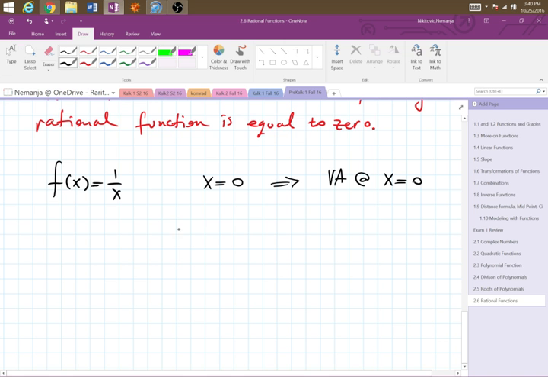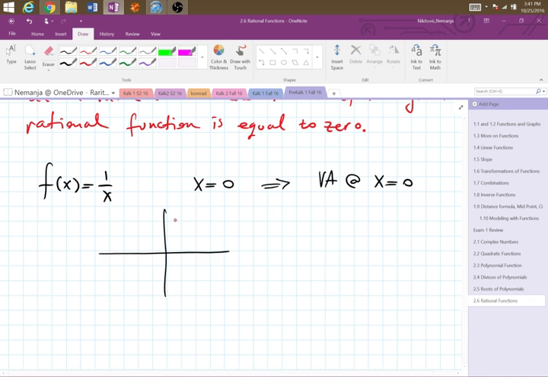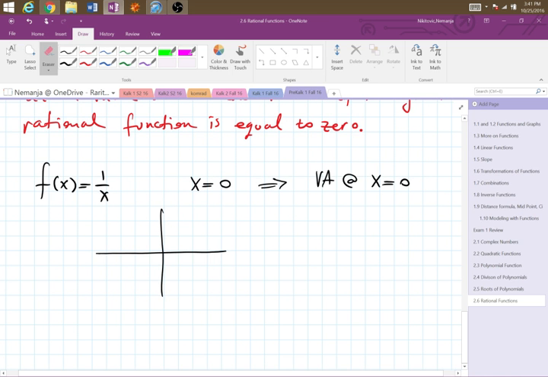We can immediately see this on the graph. So vertical asymptote is right here. And then the graph has to follow it.